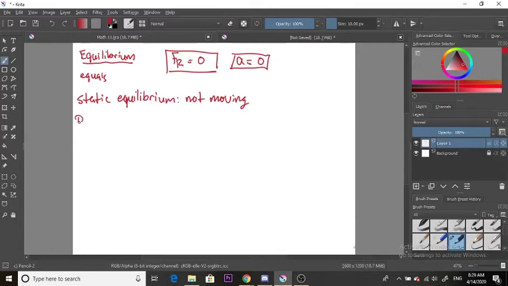Then the second one is dynamic equilibrium. Now, this one means that it is moving, but it has a constant velocity.